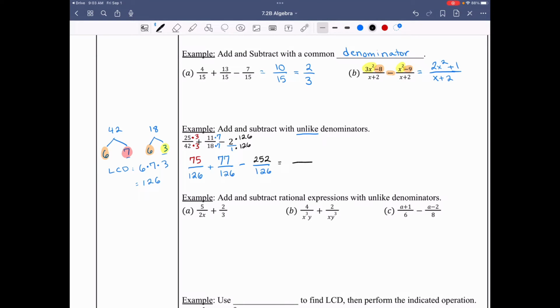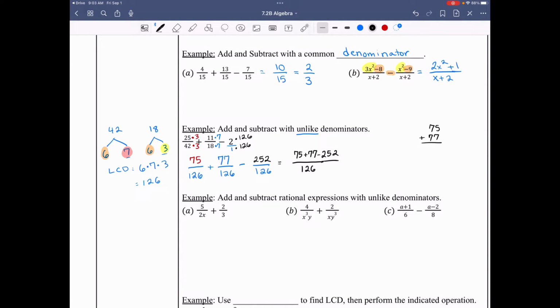And actually what you can do, and this might be helpful, is you can write the denominator and then you can write all of the numerators in one numerator all together. This would be where I might use a calculator if I had one.